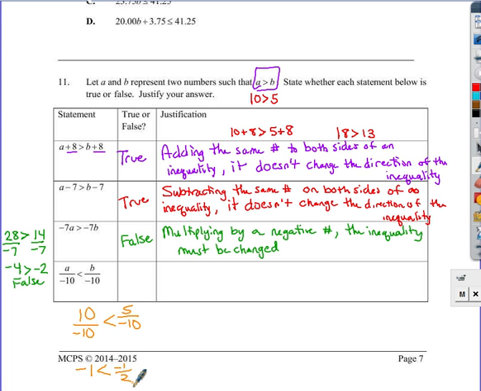That's a true statement. So when you're dividing by a negative number, the inequality must be changed. And they already changed it here in the problem. They switched it to less than instead of greater than.